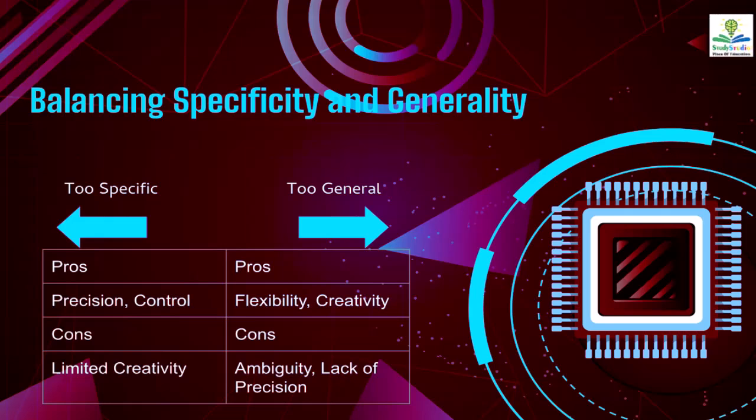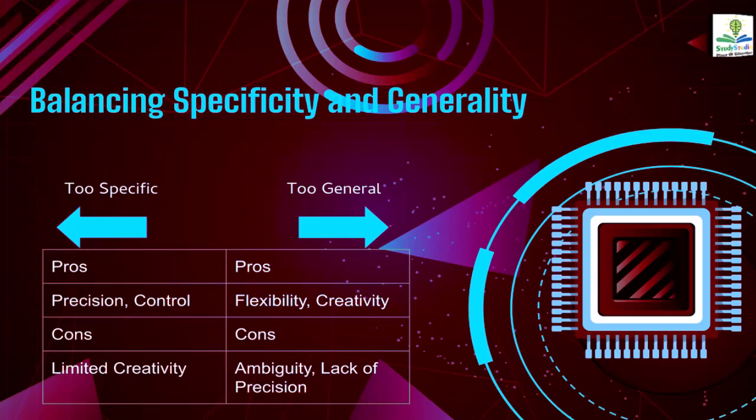But obviously, there is nothing perfect, right? Specific prompts have these two pros, but also a negative thing. If you have a prompt that is too specific, it may restrict the model's ability to generate creative or alternative responses beyond the given instructions, right?